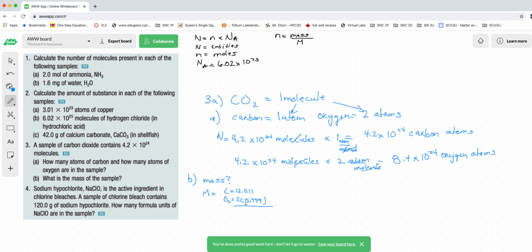So the total molar mass of CO2, we don't know moles. We do know atoms though, we know molecules. And we always know Avogadro's number.